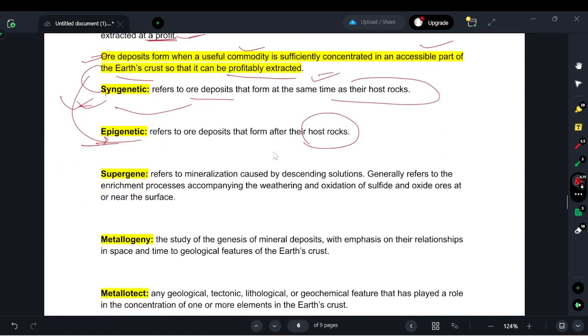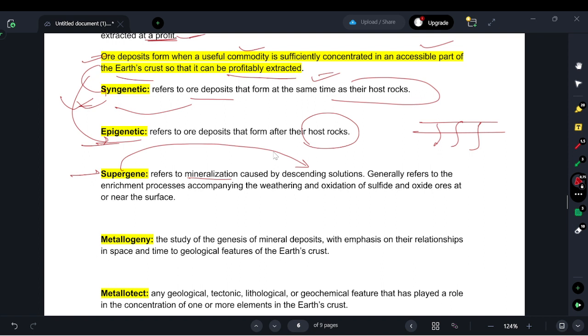Okay, now what is a supergene deposit? Supergene deposit refers to the mineralization which forms by the descending solution. Whether it's water or anything which is descending downward, it will form because of that.